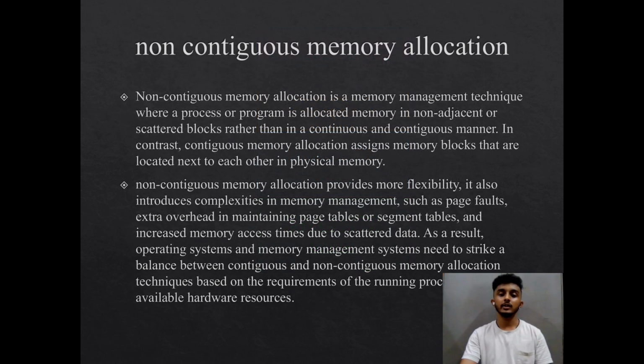Non-contiguous memory allocation is a memory management technique where a process or program is allocated memory in non-adjacent or scattered blocks rather than in a continuous and contiguous manner. In contrast, contiguous memory allocation assigns memory blocks that are located next to each other in physical memory. Non-contiguous memory allocation provides more flexibility.